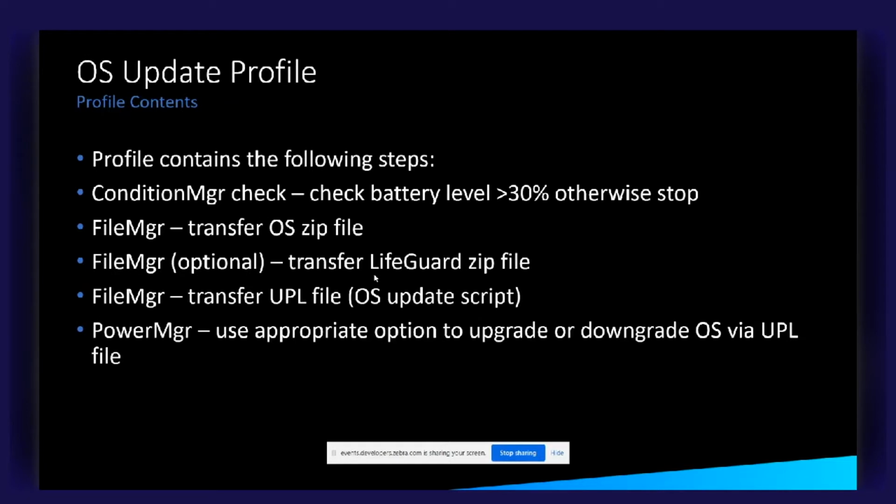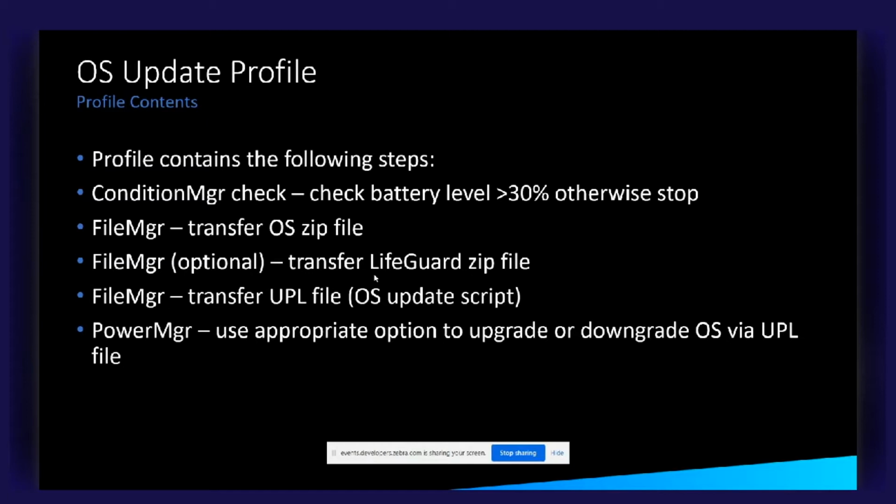Then you've got a file manager step, which will transfer the OS zip file to the device. So it's from the host device to the client. We've also got an optional second file manager step, which will transfer the lifeguard zip file if you want to apply both an OS image and a lifeguard patch at the same time. You can do that.